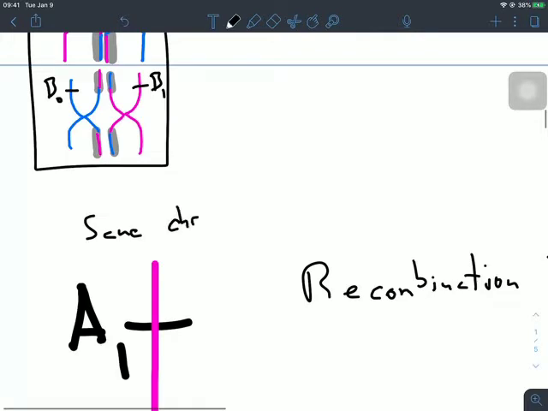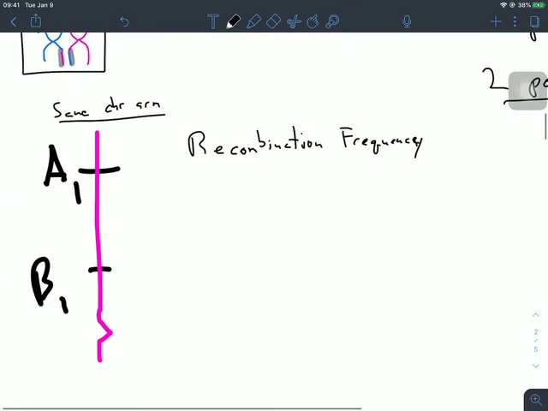Same chromosome arm. And that has to do with the fact that we expect one recombination event per chromosome arm. Makes it a little bit more realistic to be calculating recombination frequency between genes whose loci are found at least on the same chromosome arm.